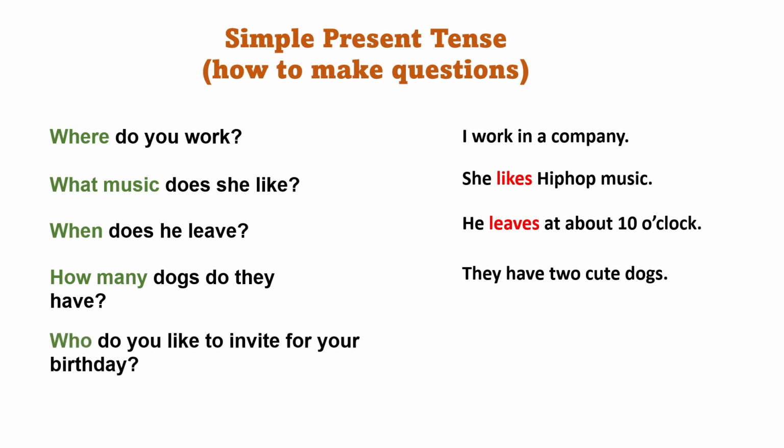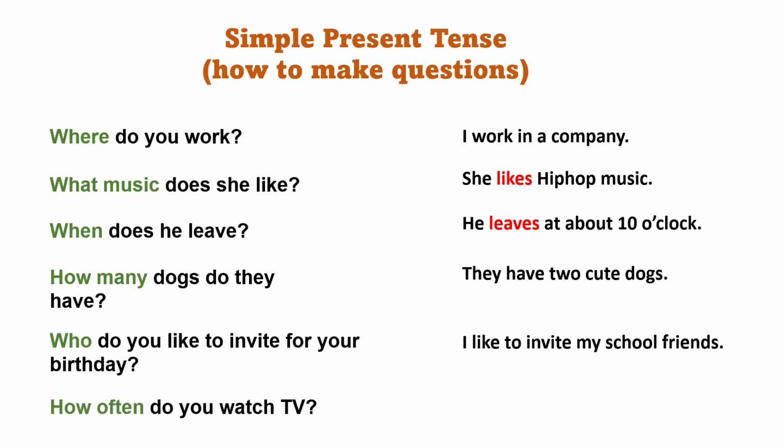Who do you like to invite for your birthday? I like to invite my school friends. So we have the subject you, therefore we use do, and at the beginning of the question we used who. Who do you like? And the next example is how often do you watch TV?